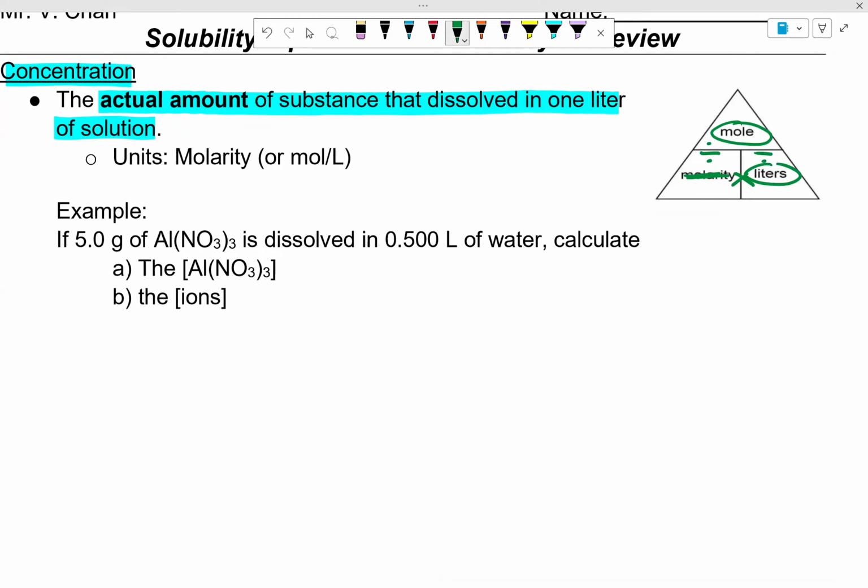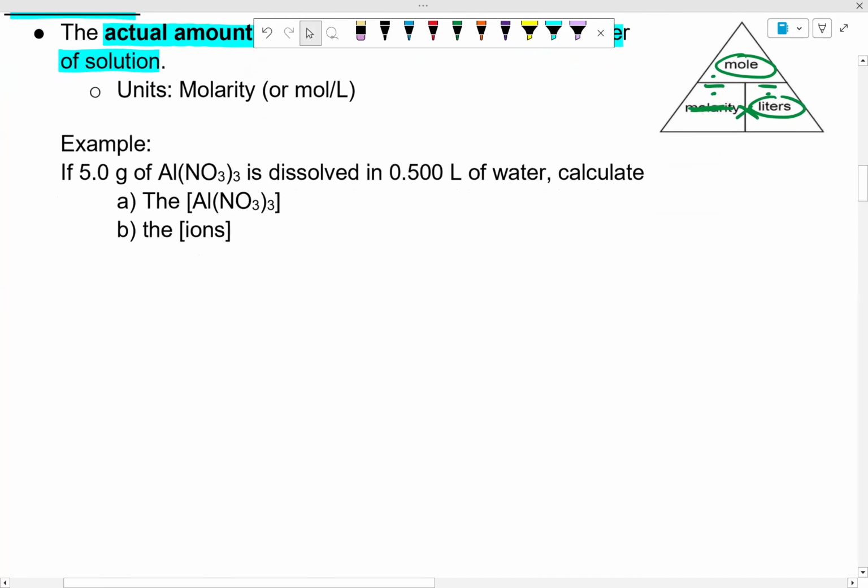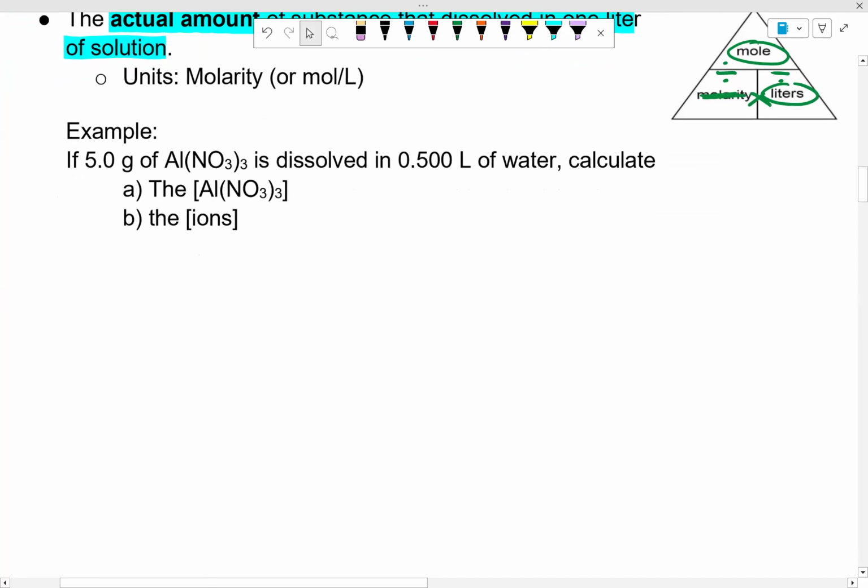Let me give you an example. Let's say 5 grams of aluminum nitrate is dissolved in 0.5 liters. Calculate the concentration of aluminum nitrate and the concentration of ions. What you should remember from chemistry 11: the first step is to find the number of moles.